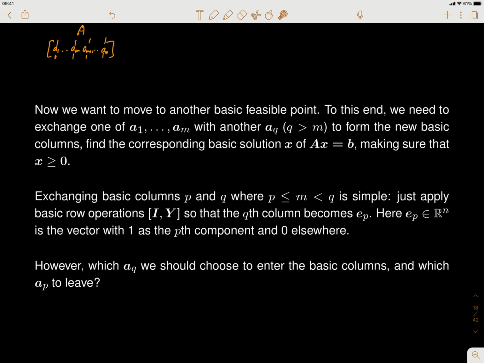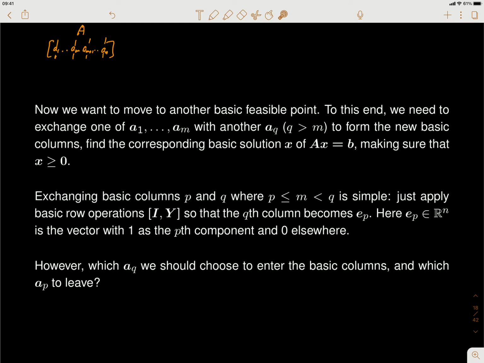Then we'll get a new set of basic columns, and the corresponding basic feasible point, which is a new vertex of the polyhedra. And then we check the function value, because we want to move to a point such that the function value decreases.